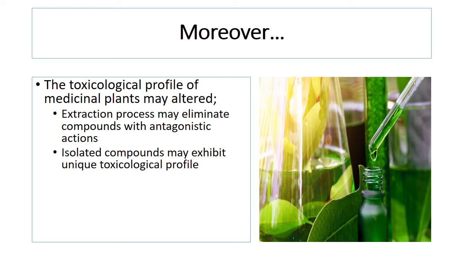For example, when we do an ethanolic extraction, what we're basically targeting are compounds which are more hydrophilic, water loving. So it means that we are, in essence, getting rid of the more hydrophobic substances.